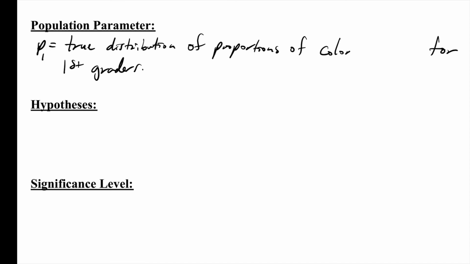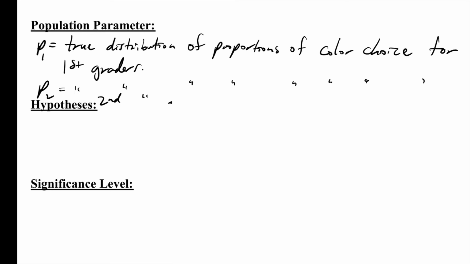Same thing, but color choice. Okay, so P2 is going to be exactly the same thing, but instead of first graders, it's going to say second graders. You want to include the word distribution because it's more than one color. If it was just one color, we would just say the true proportion of that color. But it's the distribution because there are many colors that go with it.